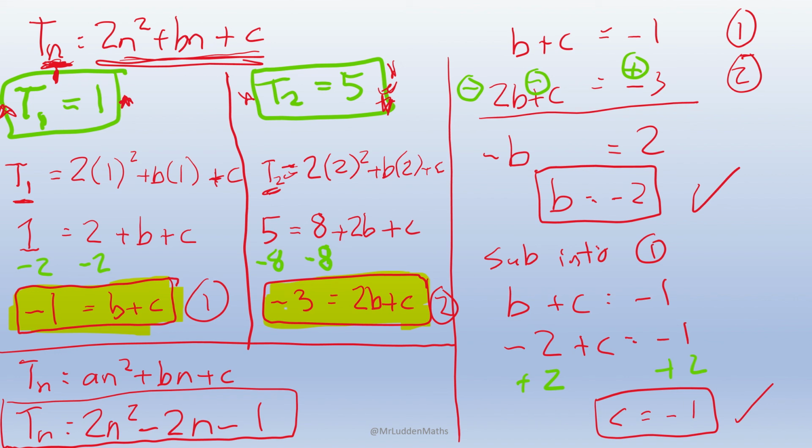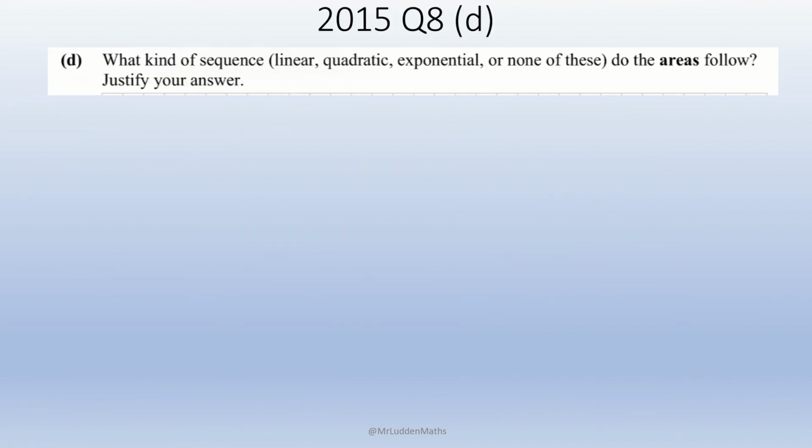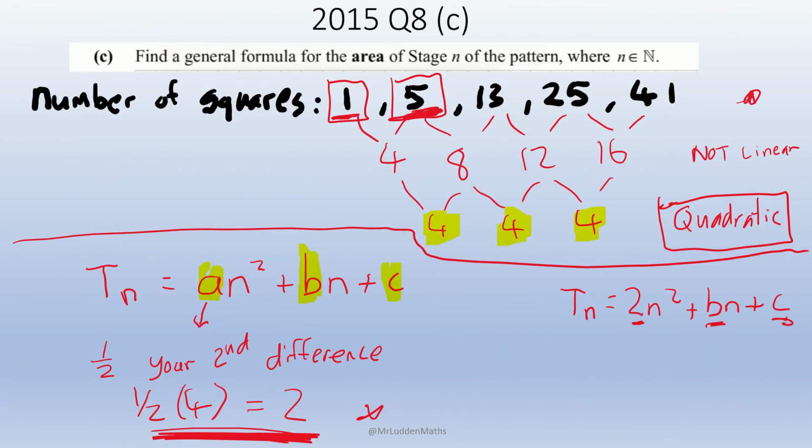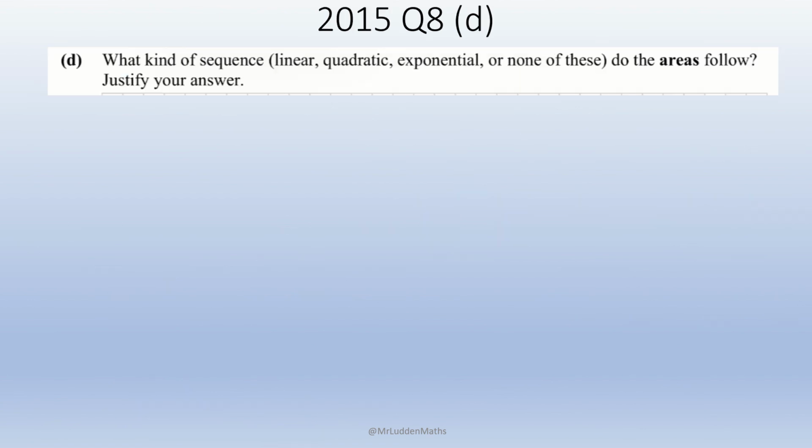So just to finish off that question, 2015 question 8 part D asks you what kind of sequence, linear, quadratic, exponential, or none of the above, do the areas follow. Now you've done all the hard work with your areas, so the 1, 5, 13, 25, 41. You had already found out it is quadratic.